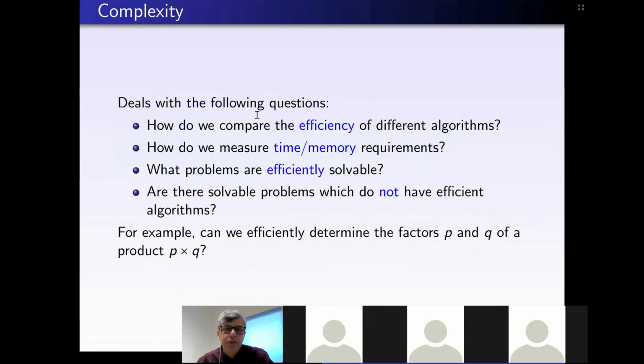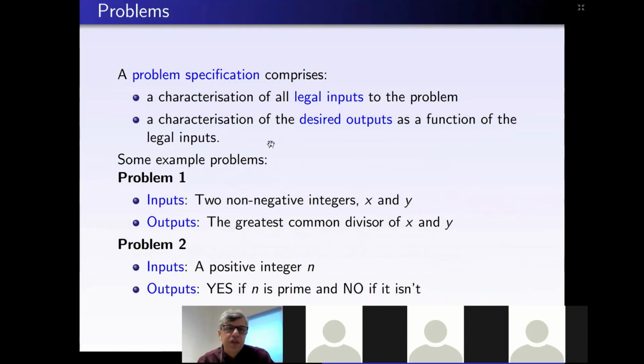The problem specification, we are still talking about problems. The problem specification comprises the characterization of all legal inputs to the problem, and the characterization of all desired outputs as a function of the legal input. So when you are trying to describe a problem, you need to say what the legal inputs are and what the desired outputs are as a function of the legal input.